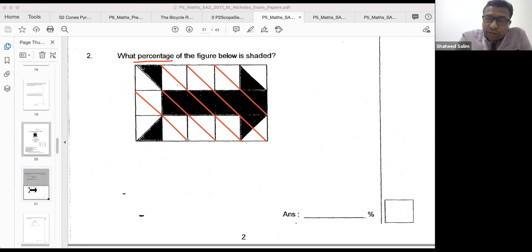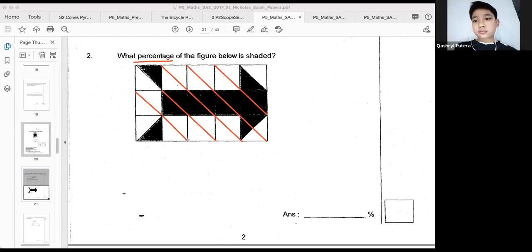Change it to fraction first, then from there times by 100 to your fraction. You will get percentage. You can use calculator, no problem. Need to count all. Yeah, you need to count all. 2, 4, 6, 7, 4.